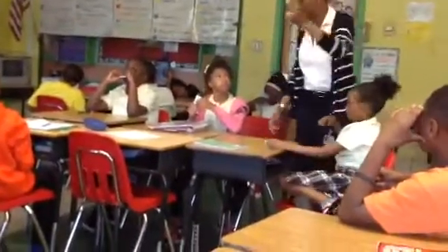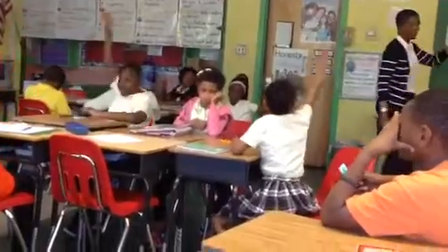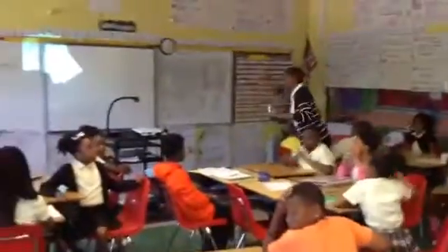Angle. Not angle. Starts with a V. Yes, Tanaka. Vertex. One corner is a vertex. More than one is called what, Jamar? You need to stand up. It's called what, Jamar?